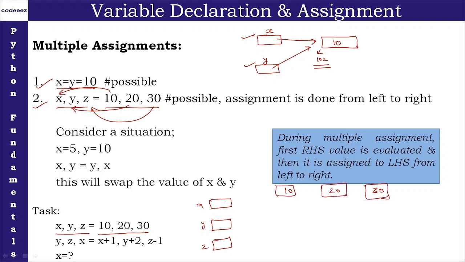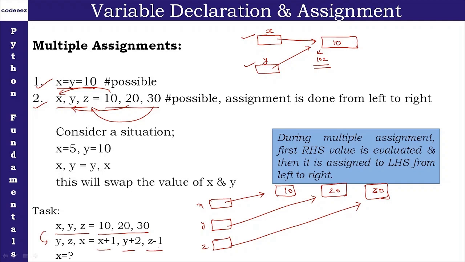It means x is pointing to the location which has the value 10, y is pointing to the location which has the value 20, and z is pointing to the location which has the value 30. Now in the next line we have written y comma z comma x equals x plus 1, y plus 2 and z minus 1.